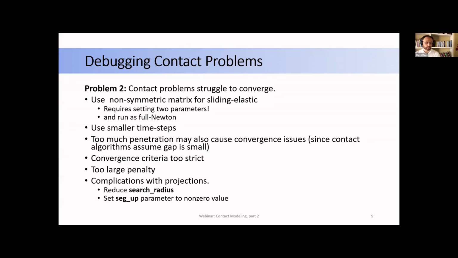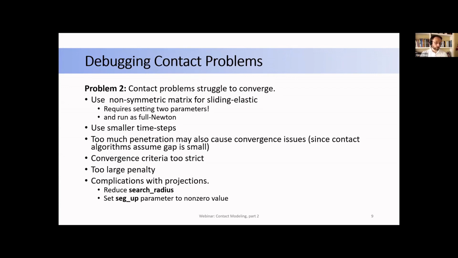The parameter that can help there is the search radius, which for each point on the contact surface, on the primary surface, defines a radius, and only the facets on the secondary surface that fall within that radius will be considered. This can be very helpful when you have complex geometries.